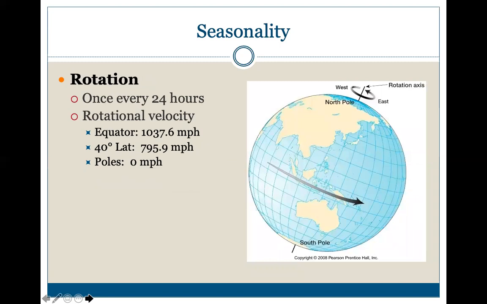Then we have our Earth's own rotation, which we go into a complete rotation once every 24 hours, which we call a day. I mentioned already that the Earth is like a merry-go-round. So here's the axis, and then this spinning around. So if you were standing up here at the pole on a merry-go-round, let's pretend it's a merry-go-round.